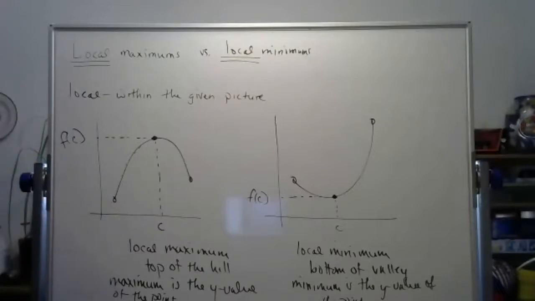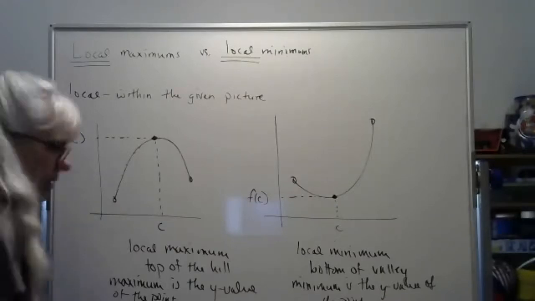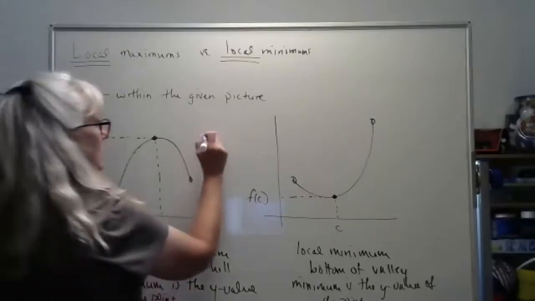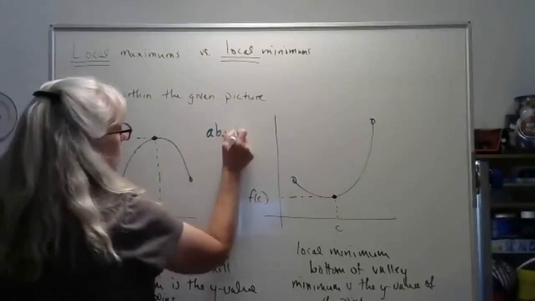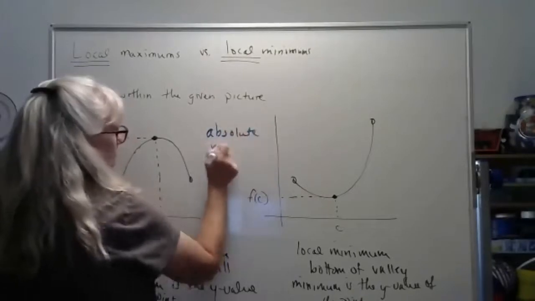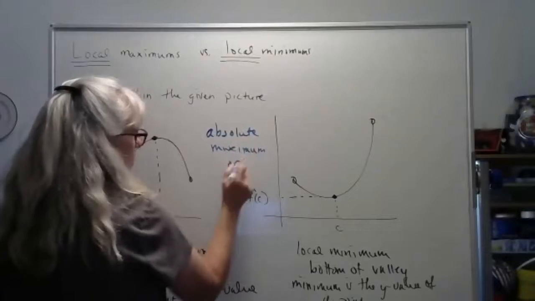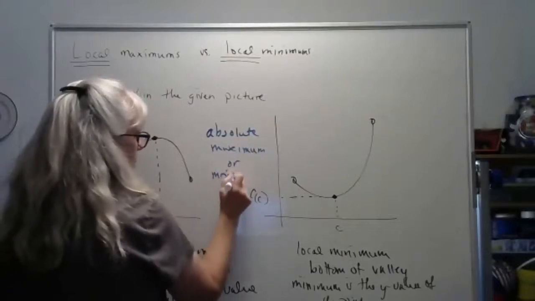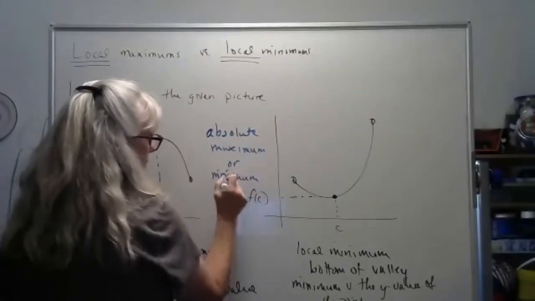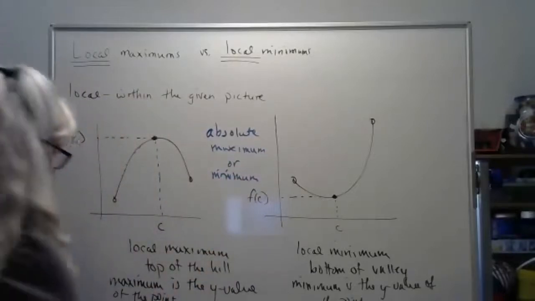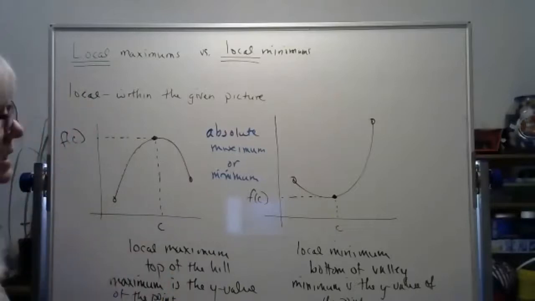Sorry about that. Okay, the other thing is your book does bring in, and this is in this edition, they didn't do this in the older editions, the idea of absolute maximum or minimum. So what that means is if you take a look at the picture that you are given, what is the overall highest point and the overall lowest point?